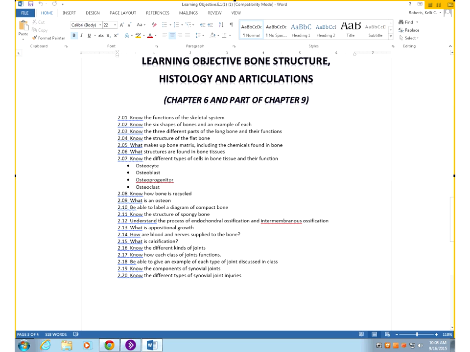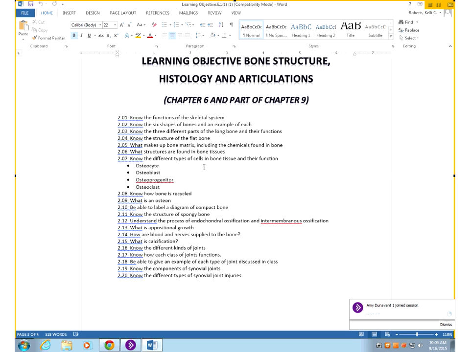And for example, if it says know the different types of cells in a bone tissue and their function, osteocyte, mature bone cell, that would be a good starting place to say an osteocyte is a mature bone cell. But what I would do is I would have all the information that we talked about for an osteocyte. Osteocyte is a mature bone cell.